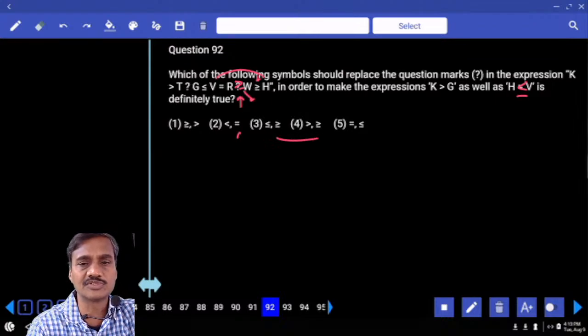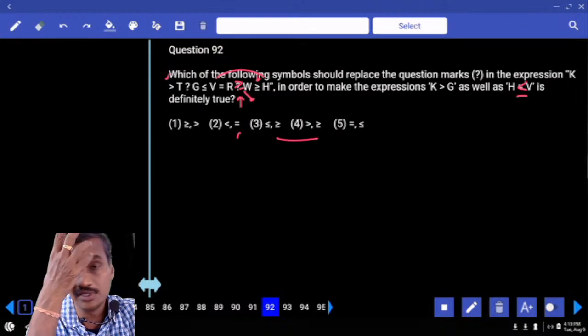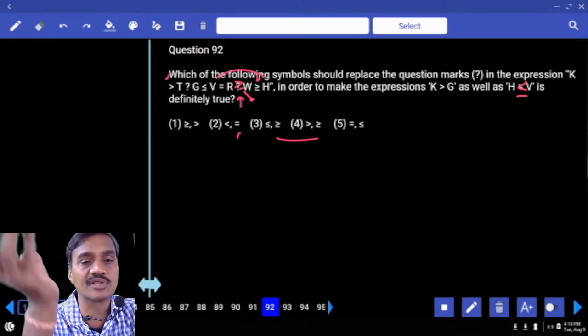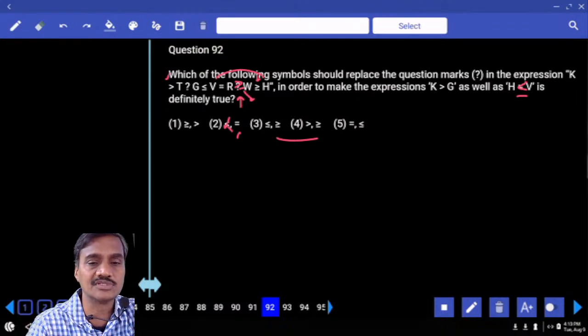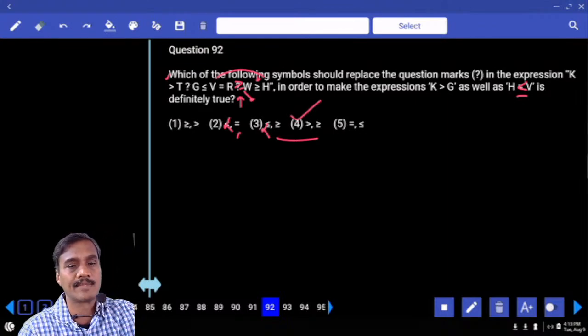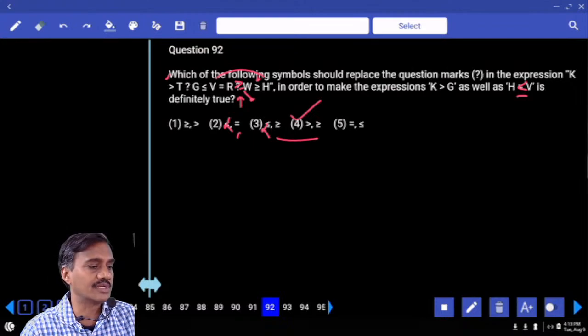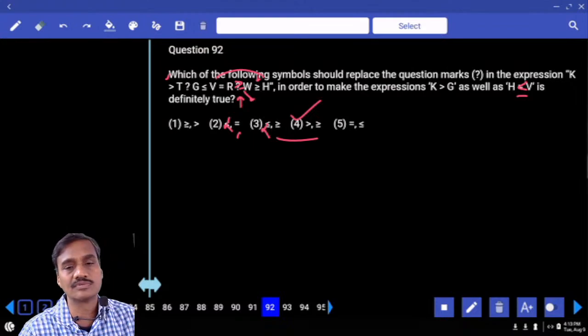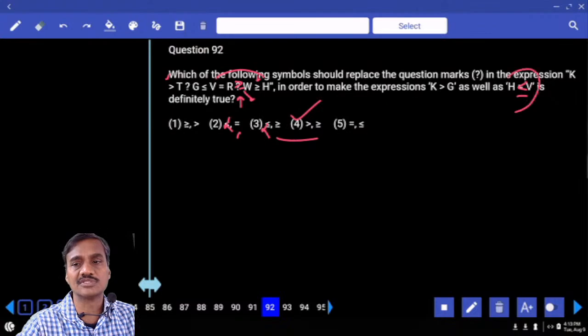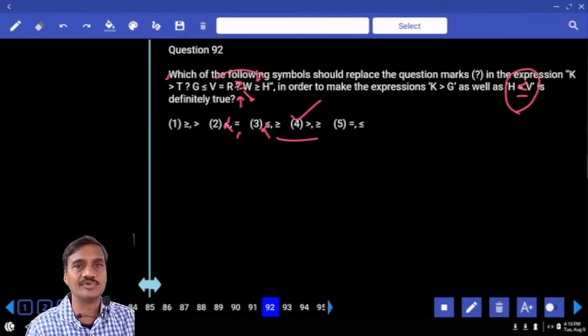Then coming to the first one, K and G: there is one greater than, so either equal to or greater than. Hence we cannot have lesser than here. Hence the answer is question number 92, and it is choice 4. Now there is a small correction that is required: H is lesser than or equals to V, better.